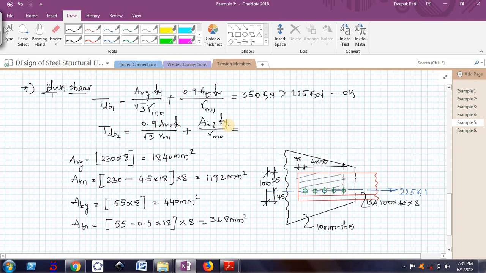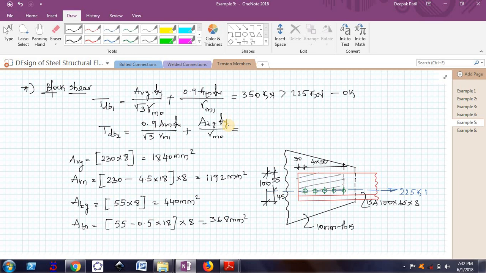Let me check TDB2. 0.9 AVN is 1192 multiplied by 410, divided by root 3 into gamma m1, which is 1.25, plus ATG, which is 440, multiplied by 250, divided by gamma m0, which is 1.1.